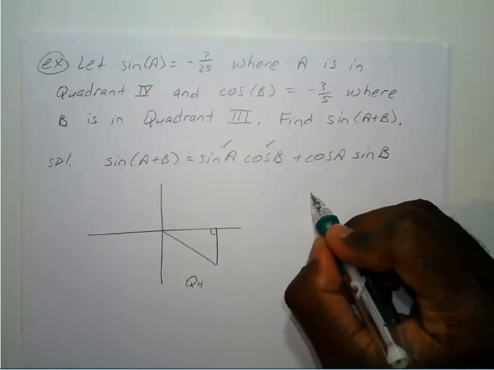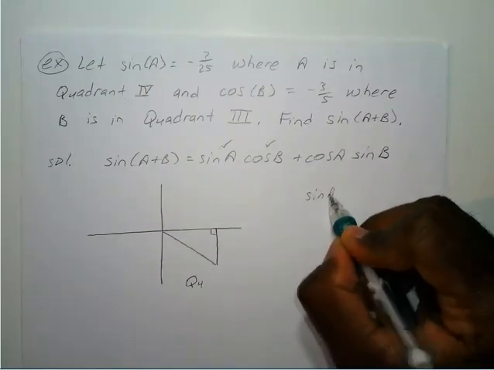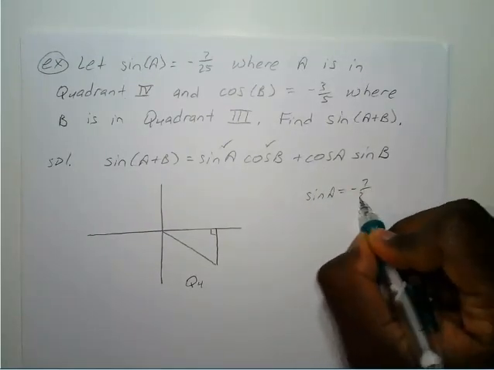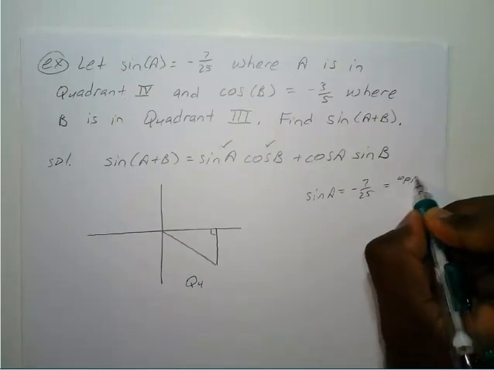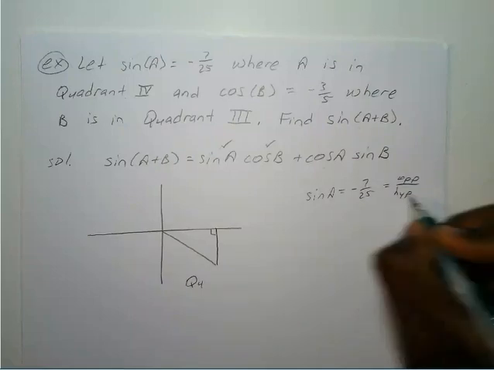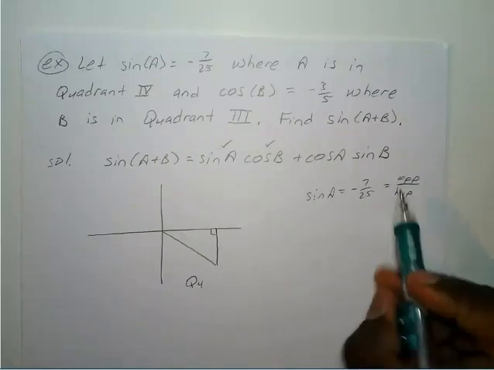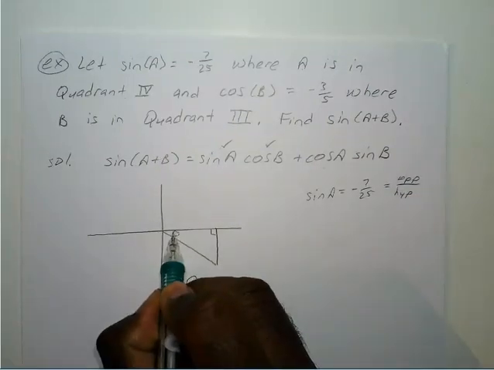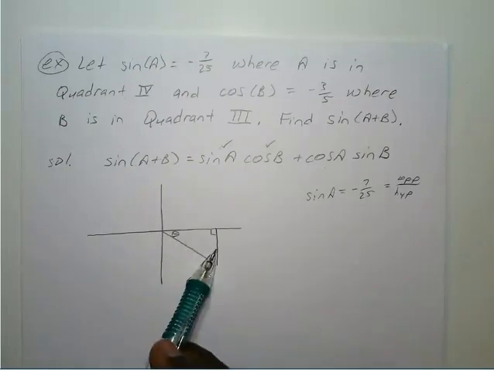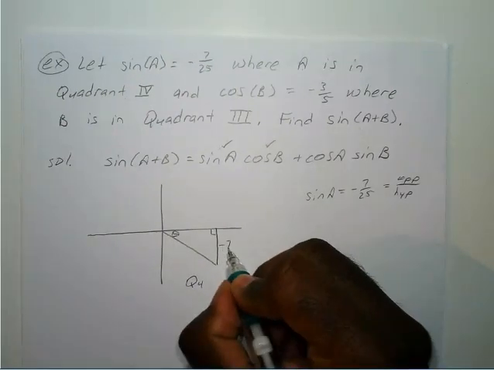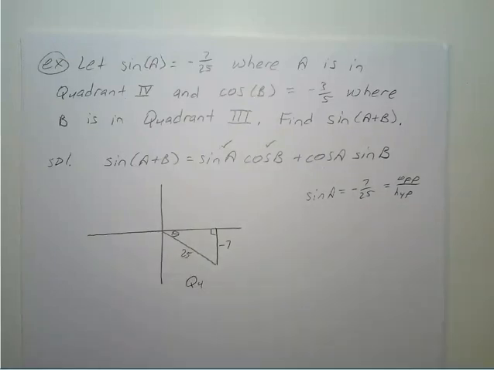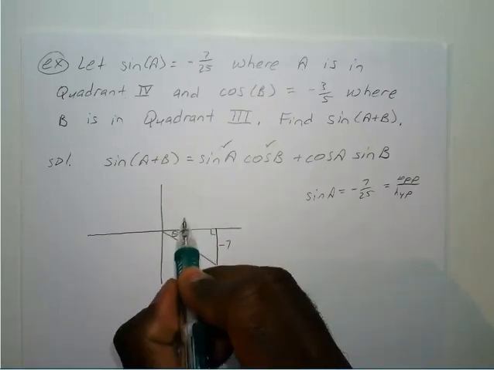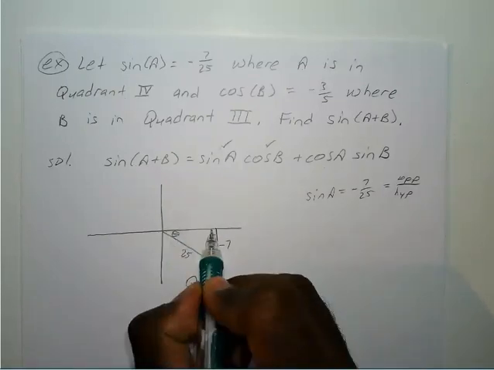Okay, so if sine of a is negative 7 over 25, and remember, sine is opposite over the hypotenuse, that means if this is your angle here, your opposite is going to be your negative 7, and your hypotenuse is going to be 25. Which means you just have to solve for your x value here.